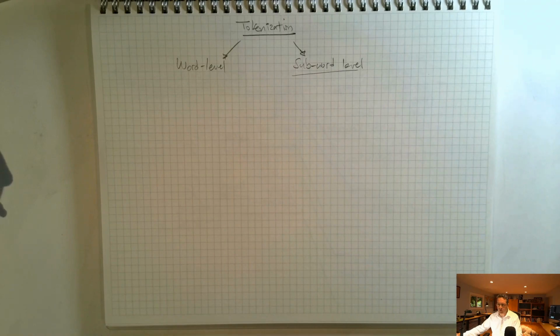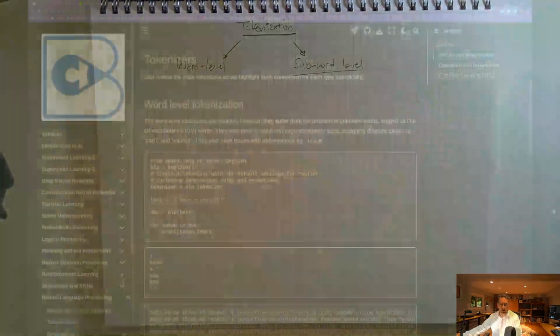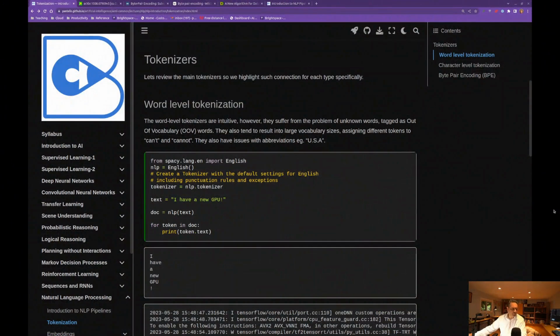For that, if we go to our site, we can see an example. Let's assume I have a sentence, let's say, a new GPU exclamation mark, and the tokenizer, which is very straightforward to bring in through high-level APIs provided by either spaCy or Hugging Face.